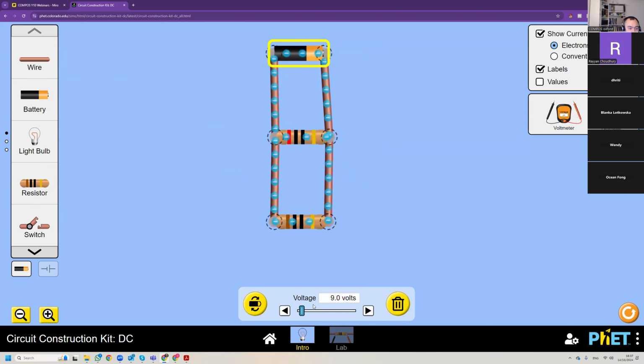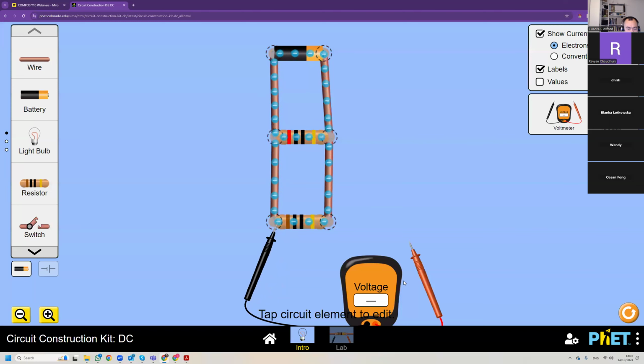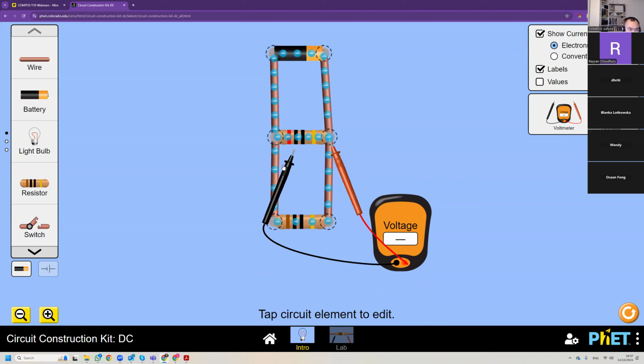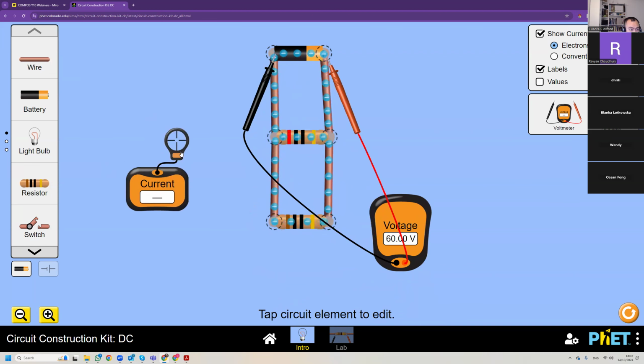Just for simplicity, I'm going to switch that to 60 volts. All right, and the voltmeter is obviously 60, 60 here and 60 here, because it's a parallel circuit. With the ammeter, we have 3 amps here and 6 amps here.